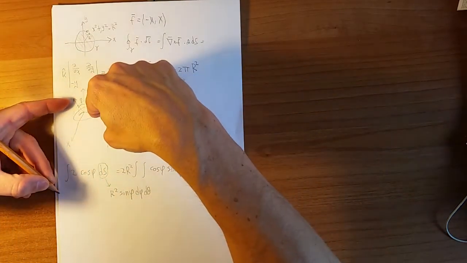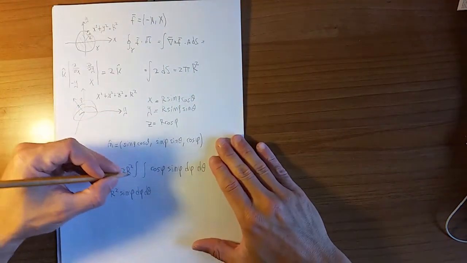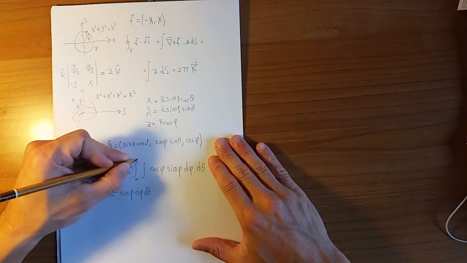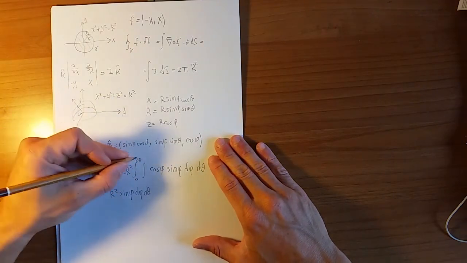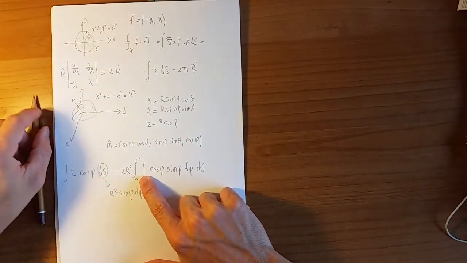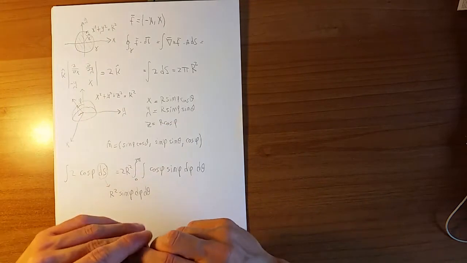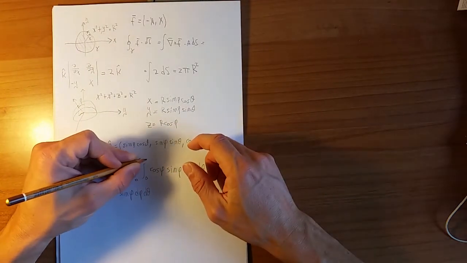Theta ranges from 0 to 2 pi because we're integrating over the entire range of thetas, whereas the range for phi is not anymore from 0 to 2 pi, because we have to integrate from here to here, so it's from 0 to pi over 2.